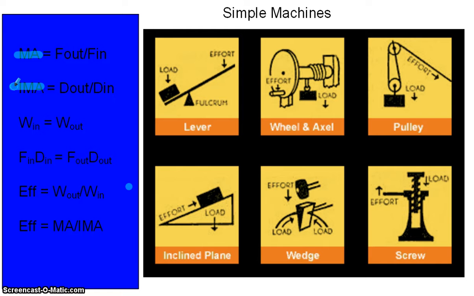So for example, in this lever over here, if you were to move down on the effort side, let's say 5 meters downwards, which is a big exaggeration, you would on the other side maybe only be able to move it up 1 meter.